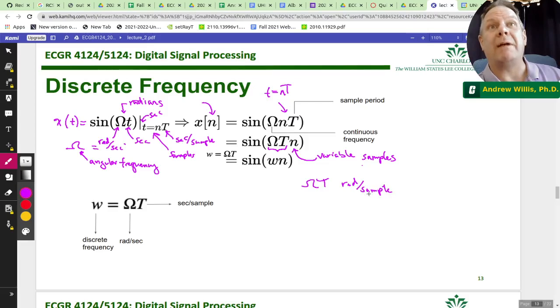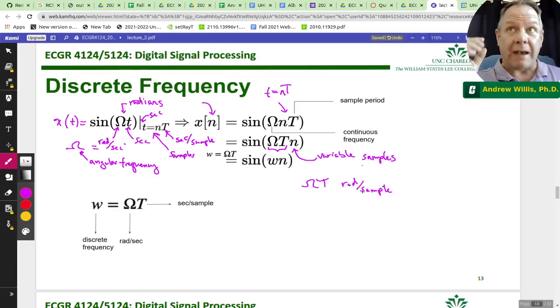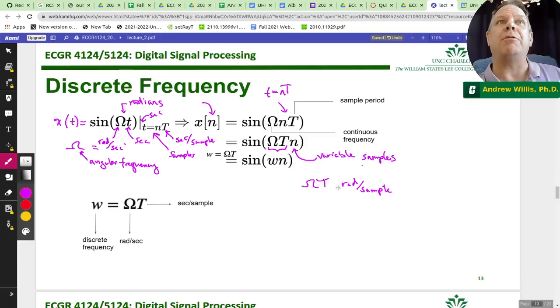Because if we multiply radians per sample times samples, we get radians, and radians are the things that are plugged into the argument of a sinusoid. So the units of this product have to be radians. That means omega T has units radians per sample, and we call that little omega. This is a new definition.